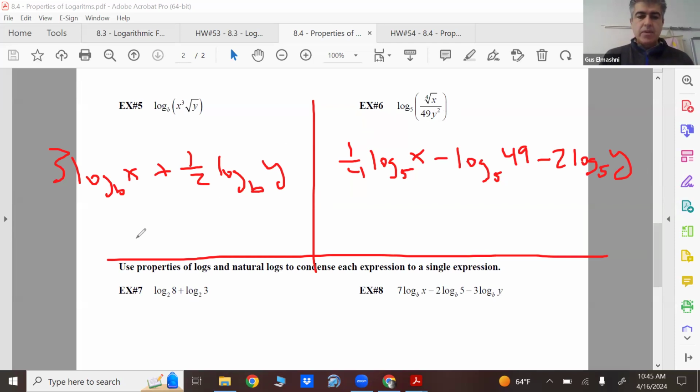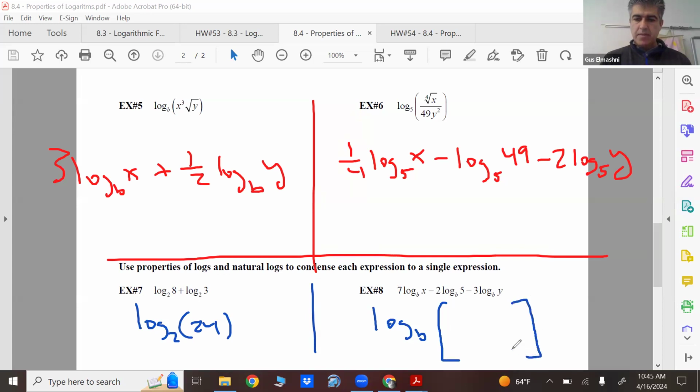Now, the next 4 are condensing, and that's actually more important because that's what we need for solving equations. So this is pretty simple. Log base 2 of 24. This is also pretty simple. Log base b, I'll do a giant bracket. Now, which of these logs is positive? The first, second, or third?